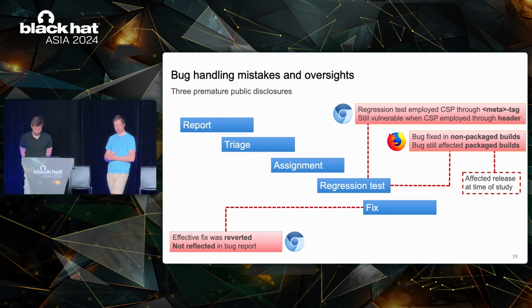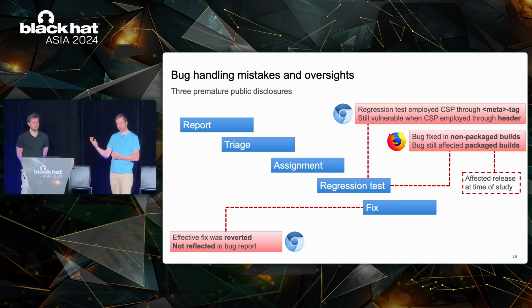The last thing that we wanted to highlight was the handling of bugs, for instance, the way that they're being tested and being mitigated. We found three bugs that were prematurely disclosed.